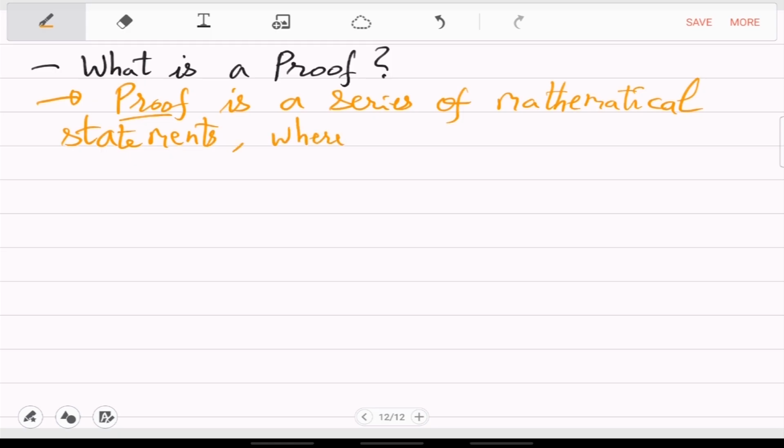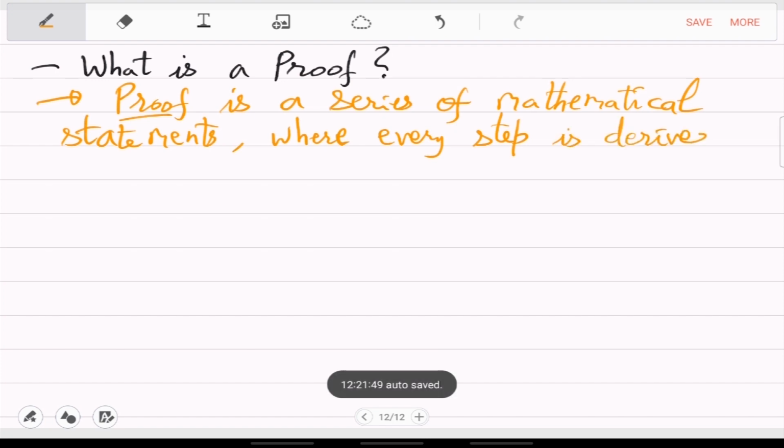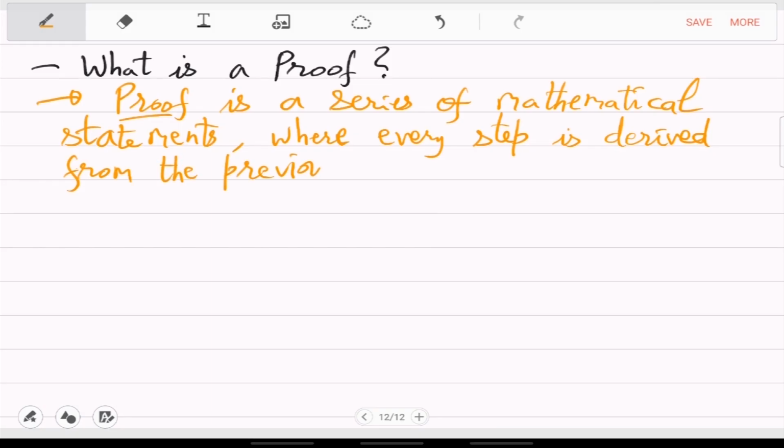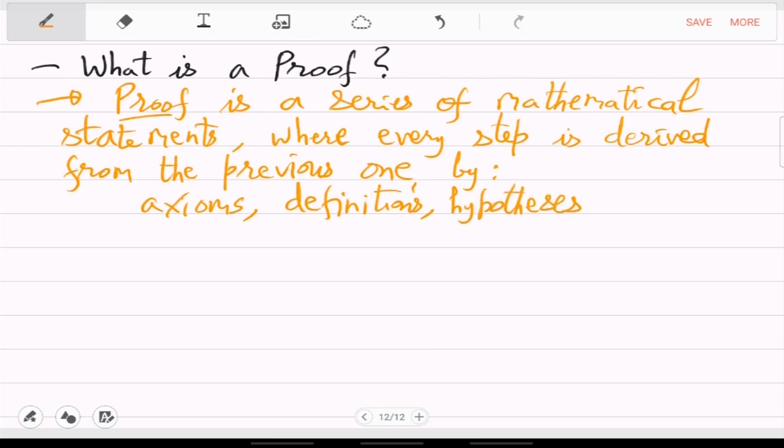where every step is derived from the previous one by, so there are so many possibilities which I already mentioned previously, that they may come from axioms or definitions or hypotheses, right?